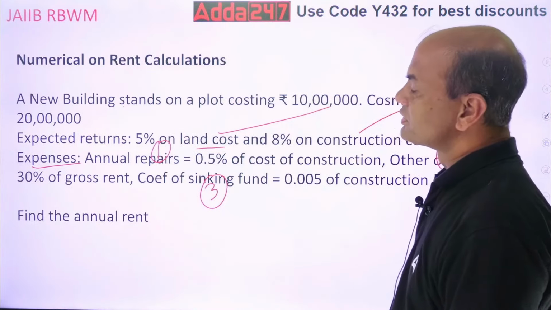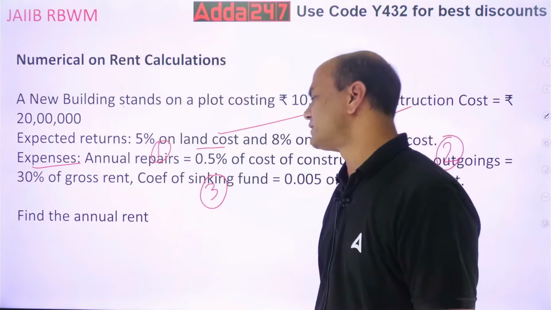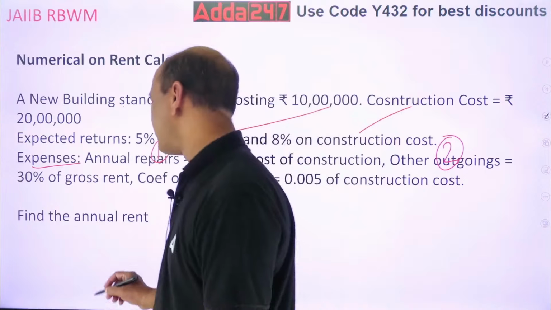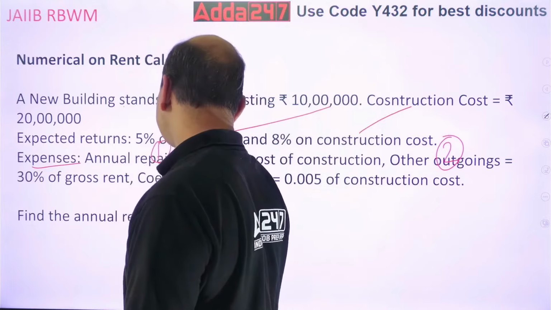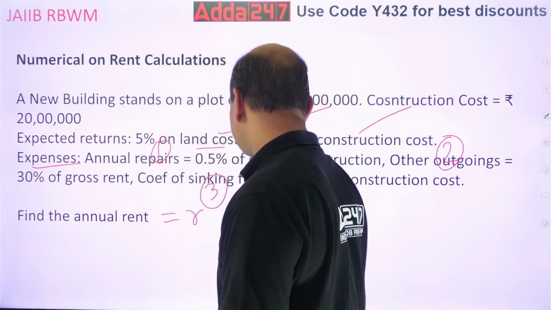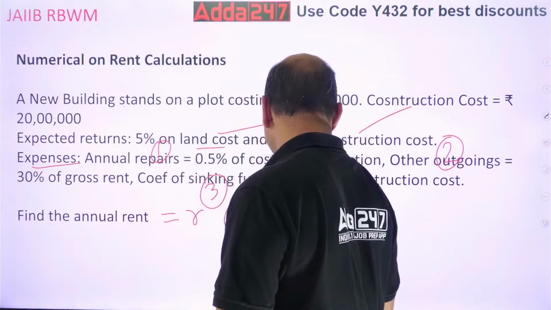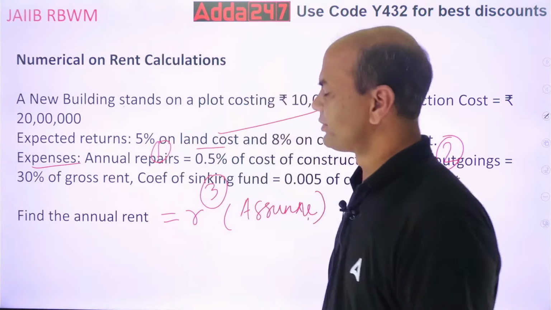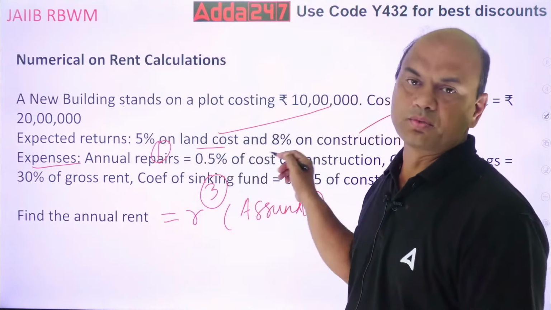Let's first write down: let the annual rent be R. We will assume the annual rent is R. Now all these outgoings you have to write down.